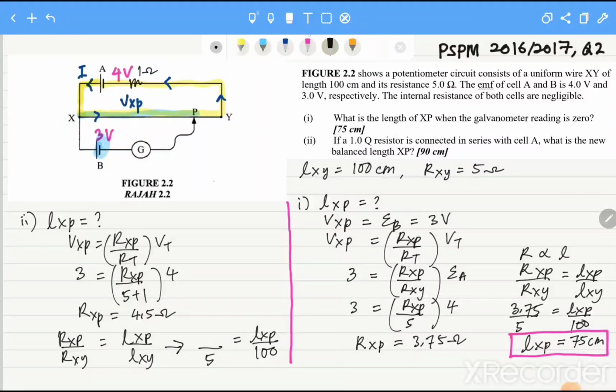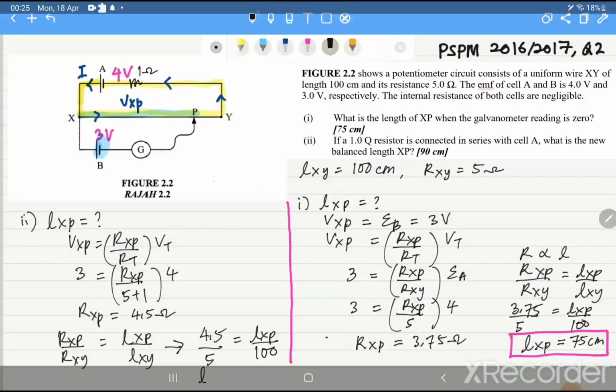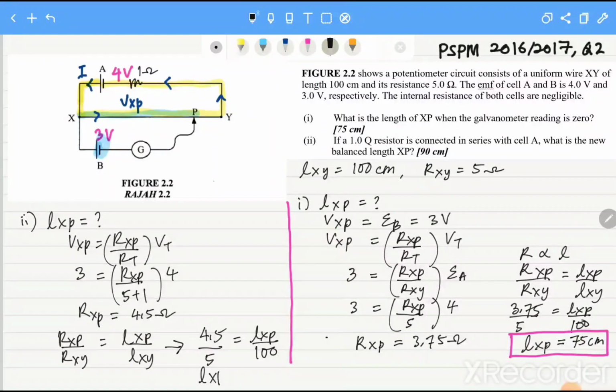RXP we already have, it is 4.5. So finally we get the LXP. The new LXP is 90 centimeter. So this is the new LXP that we need to balance the galvanometer. Okay, that's all. Thank you.